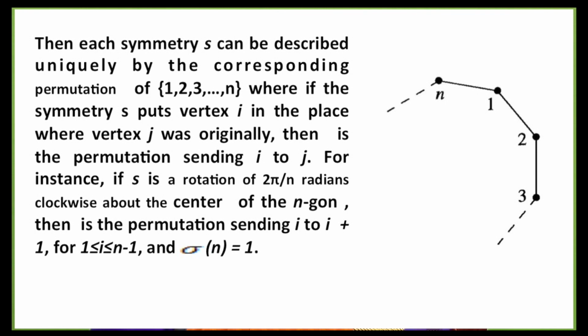For instance, if S is a rotation of 2 pi by n radians clockwise about the center of the n-gon, then sigma is the permutation sending i to i plus 1 for 1 less than or equal to i less than or equal to n minus 1, and sigma of n is equal to 1.